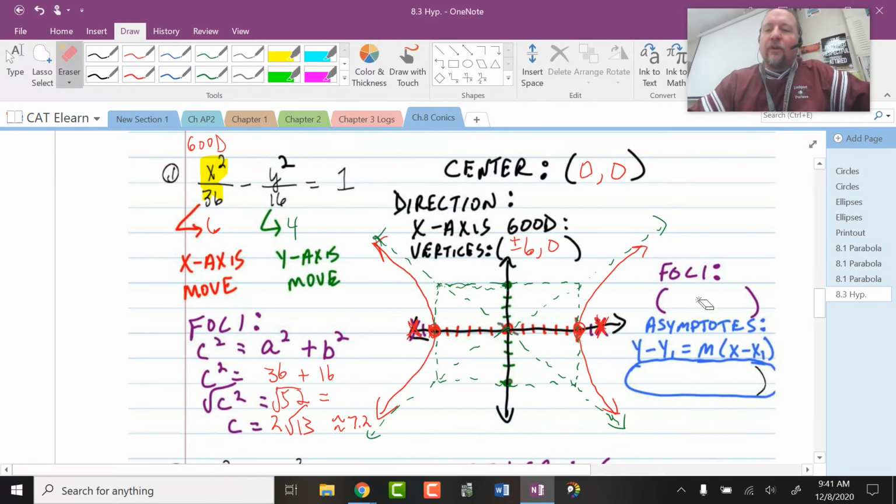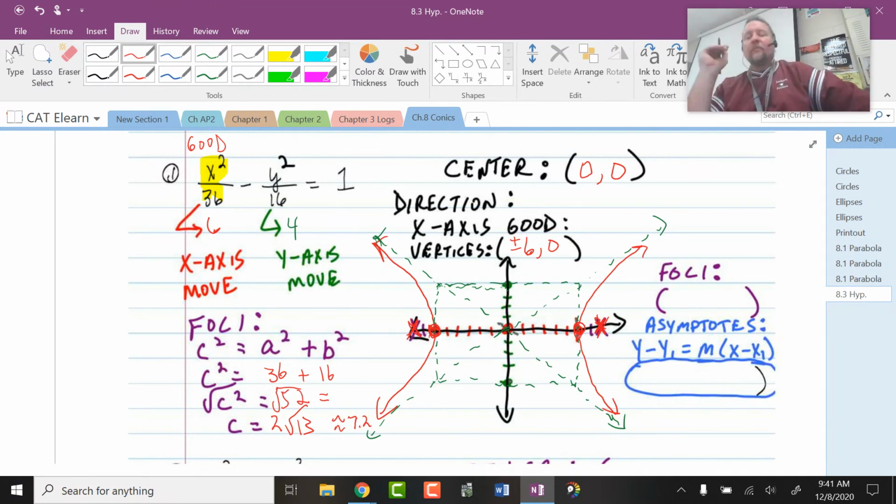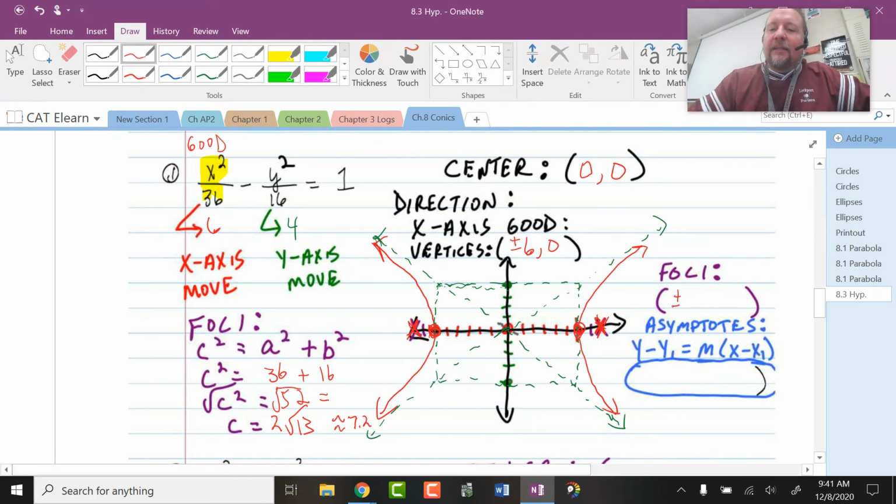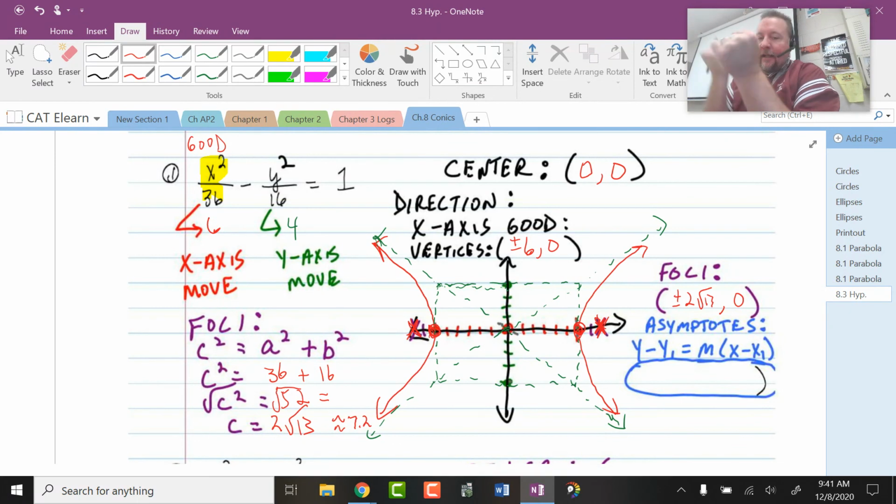What would the correct coordinates be? I'll give you a hint. It's either 2 root 13 comma 0 or 0 comma 2 root 13. Which one is it? I didn't say the plus minus because I just wanted to go faster. So we went positive 2 root 13 and negative 2 root 13 comma 0. Nice, Natalie.